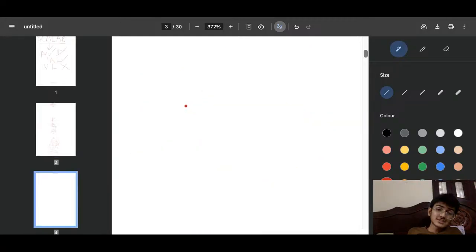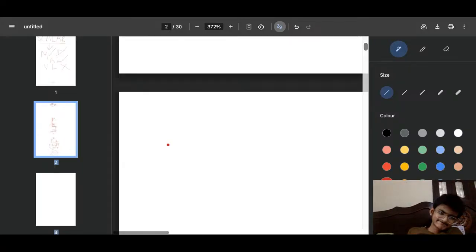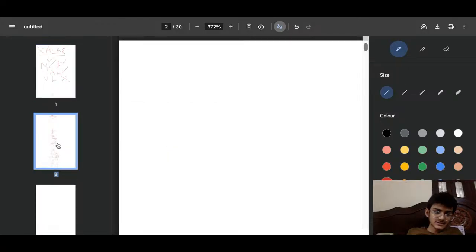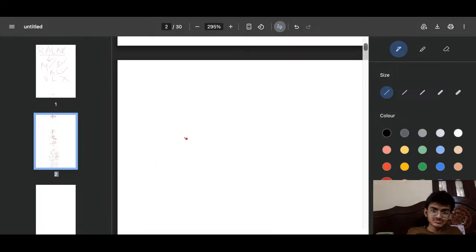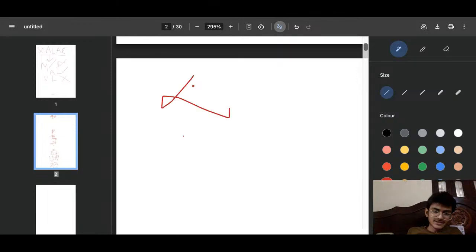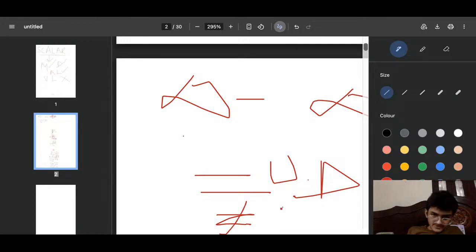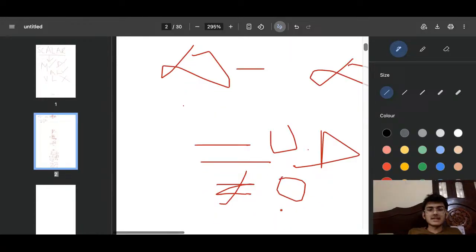So actually infinity minus infinity is undefined and is not equal to 0. That's it.